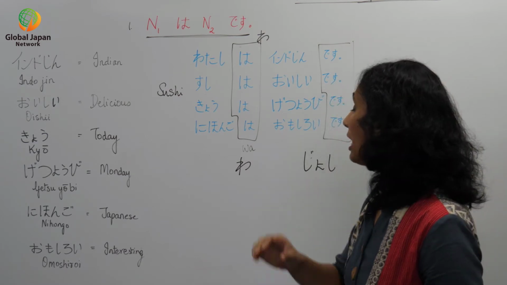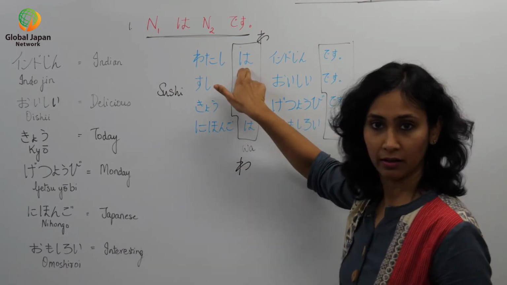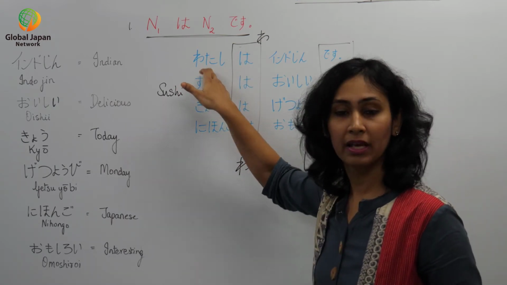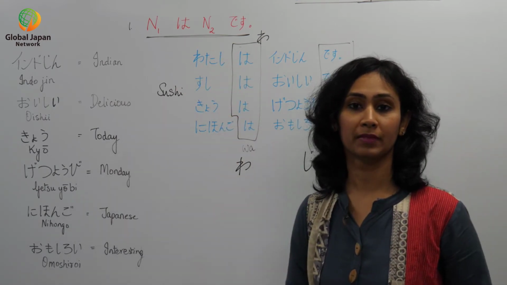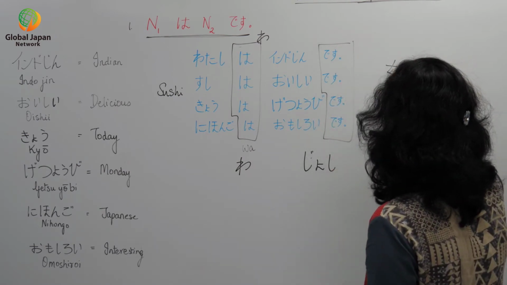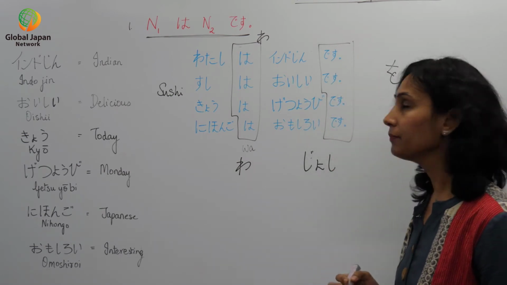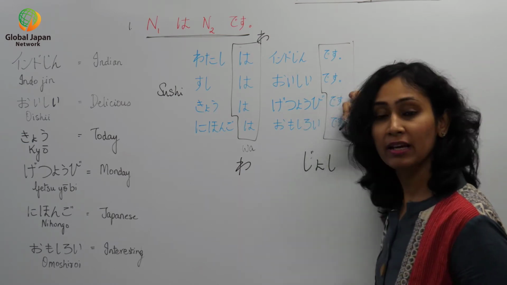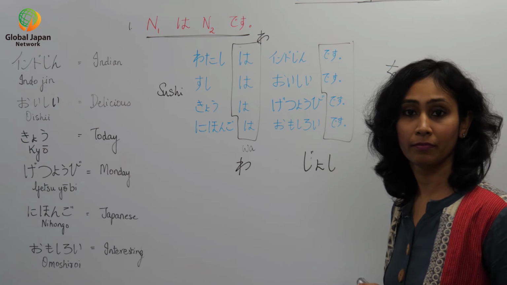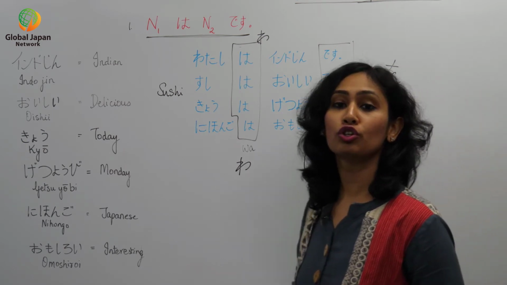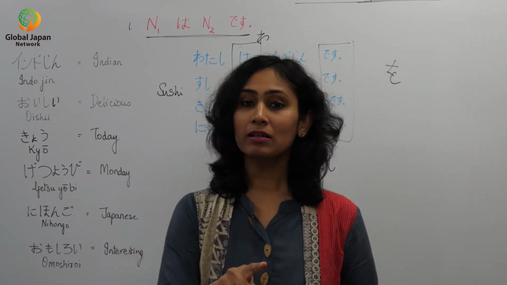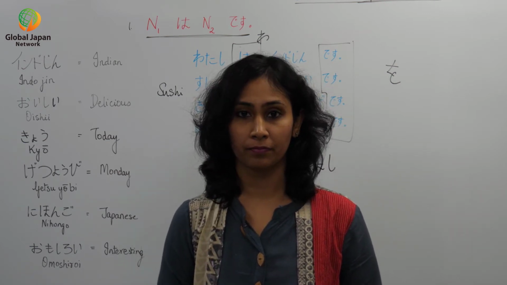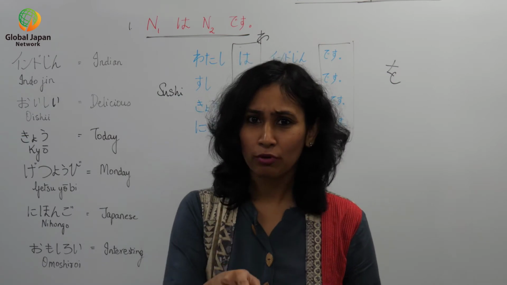For example, whenever I saw this particle, I could tell that the word placed before it is the topic. If I saw a particle like this, which we will be learning later, I could tell that the word placed before it is an object. One thing which you should remember is particles are also called postpositions. You've learned something called prepositions.